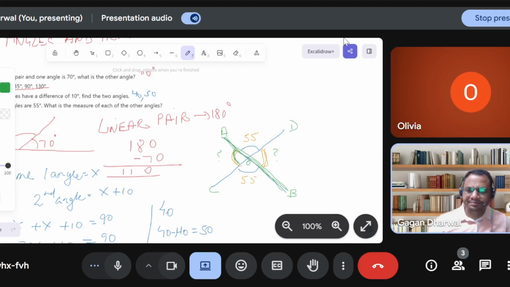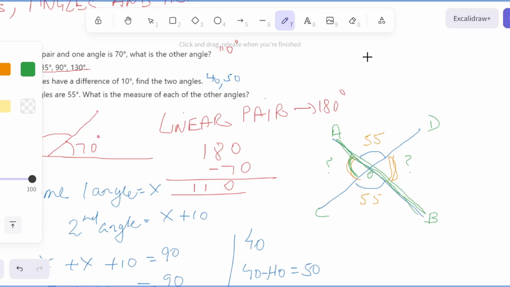Yes, Olivia. What type of angles are these two? AOC and BOC. Are they not a linear pair?